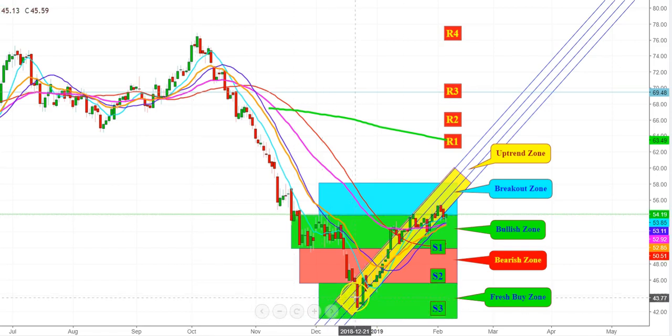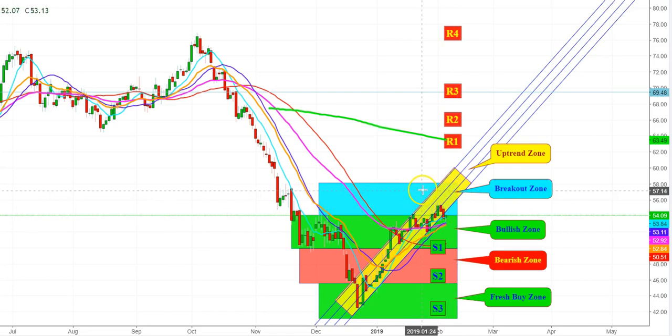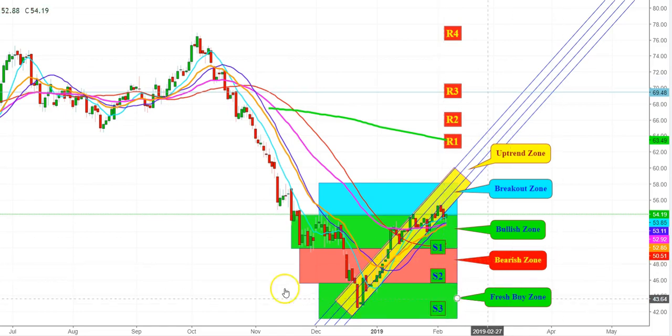So here I find the announcement of this bullish inventory looks to encourage oil bulls to move inside this breakout zone, and I find, friends, these are some zones which I have defined for the movements, along with some resistance and support levels. So here you can see that since December 26, 2018, we have seen the WTI crude oil futures move upward after touching the lowest levels of $42.